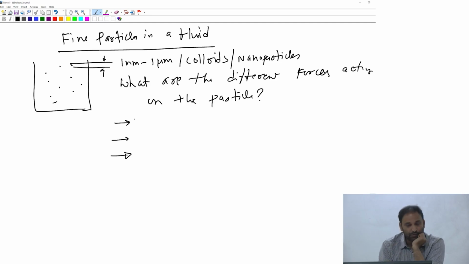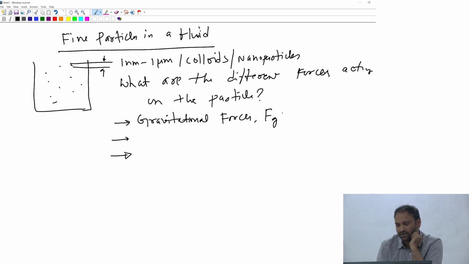Of course, the first one is obviously gravity, your gravitational force. If you call it Fg, that is going to go as delta rho, the density difference, where delta rho is rho p minus rho f, rho p being the density of the particle and rho f the density of the fluid, times the volume of the particle, times g, the acceleration due to gravity.